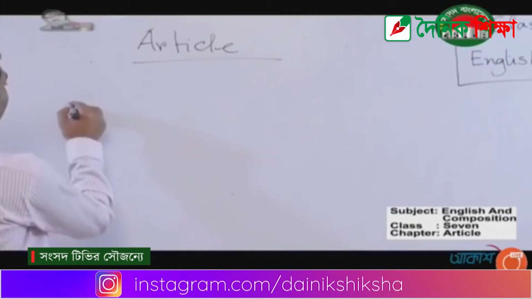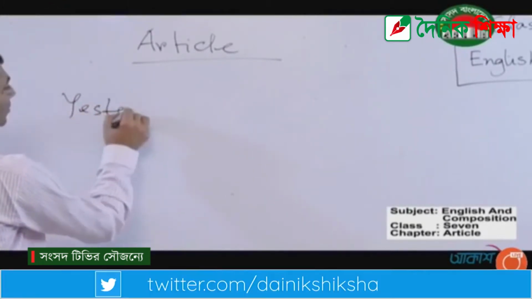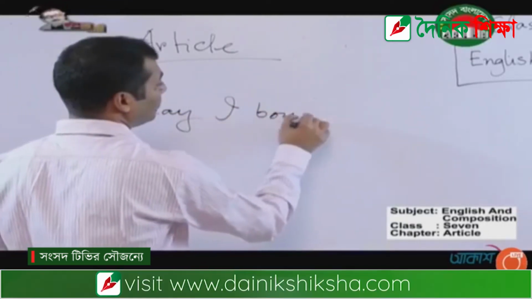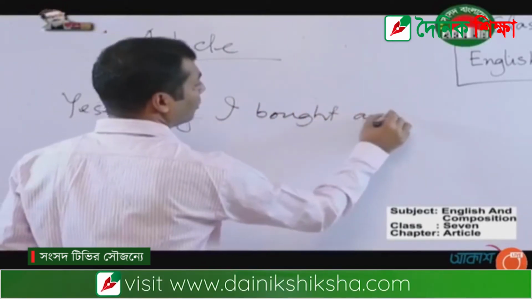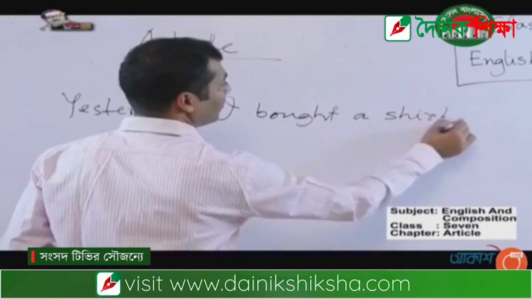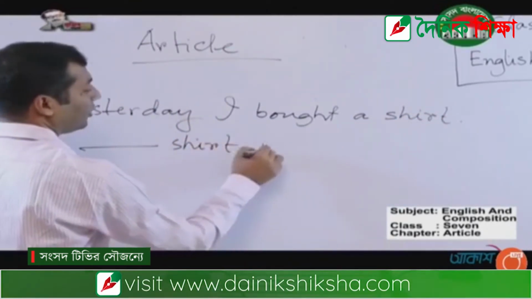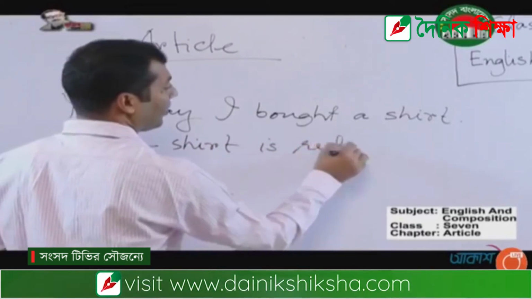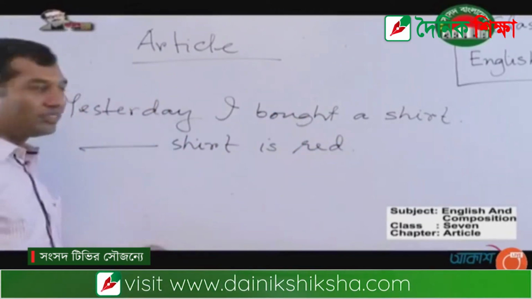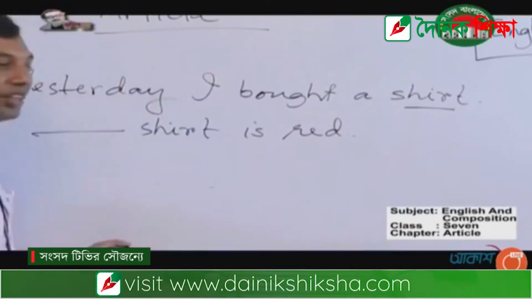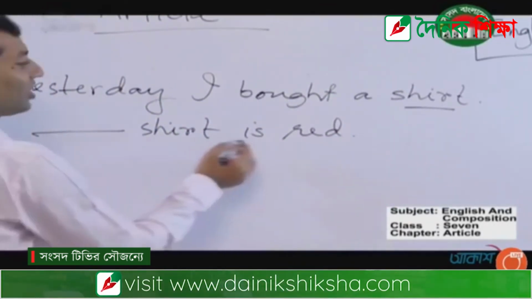For example, yesterday I bought a shirt. That shirt is red. So look at these two sentences. Yesterday I bought a shirt. Here a shirt has been used, and in the second sentence, this shirt is red.